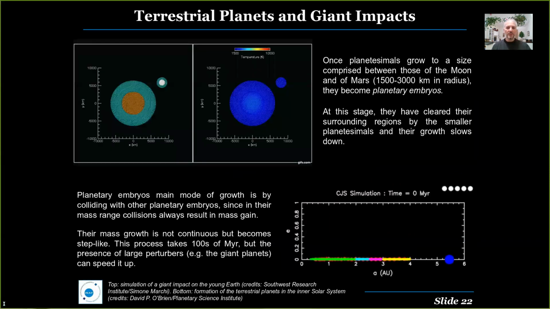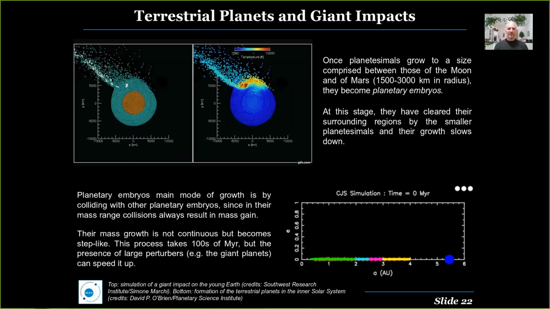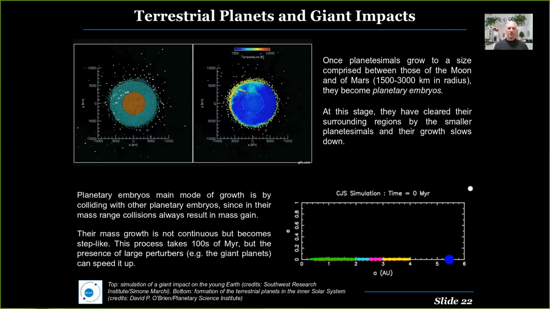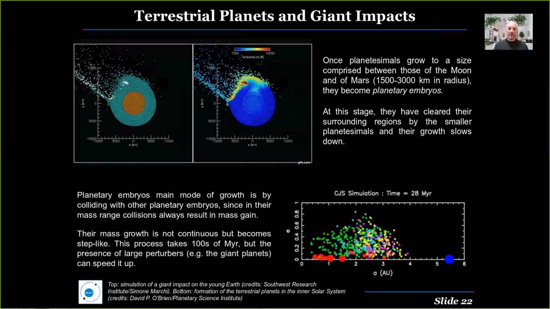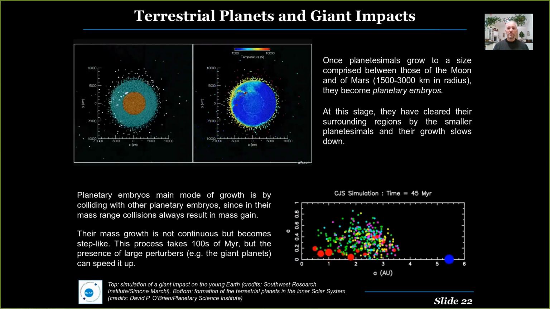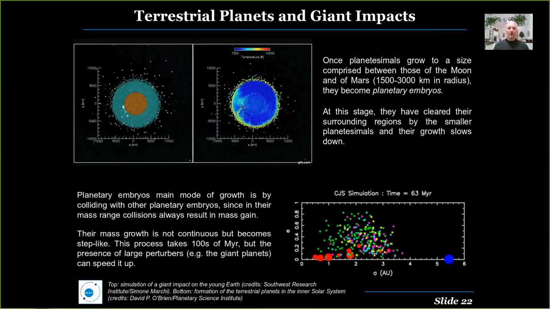What happens when we move from the formation of the smaller bodies like the planetesimals to the formation of planetary bodies like we see today in the solar system and that we observe around other stars with the exoplanets?